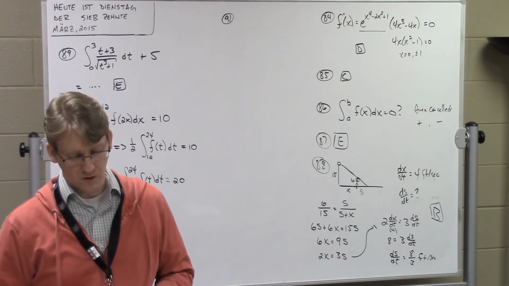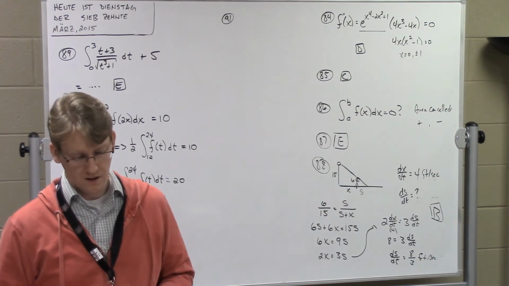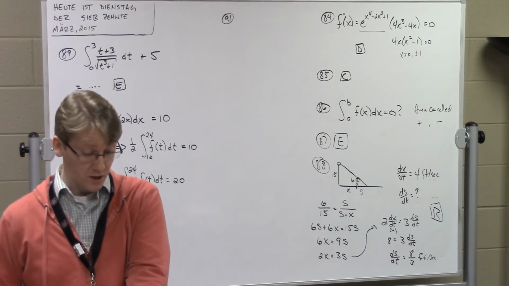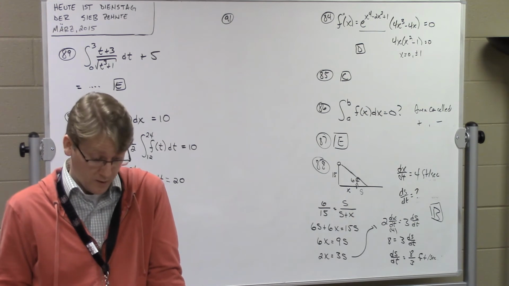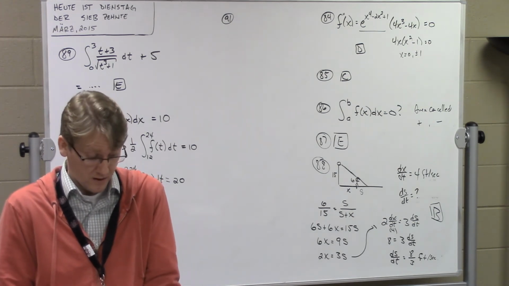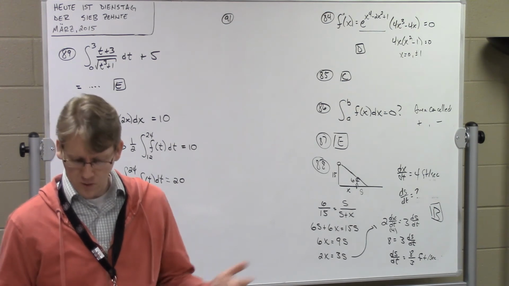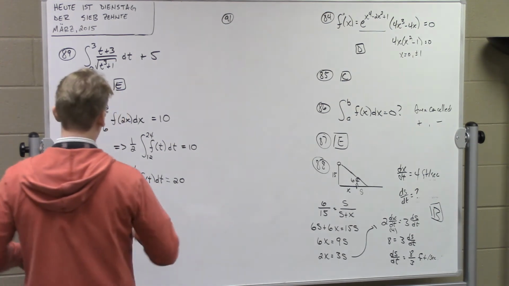F prime always being positive could imply that it is always heading upwards, so I don't have to have 2 relative extrema. I can just be heading up the whole time. So the right answer for that one is B.